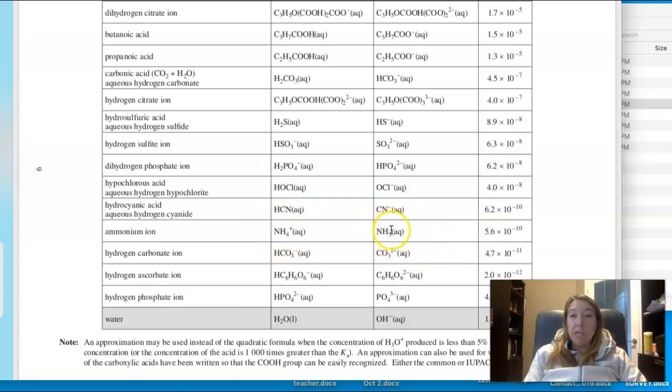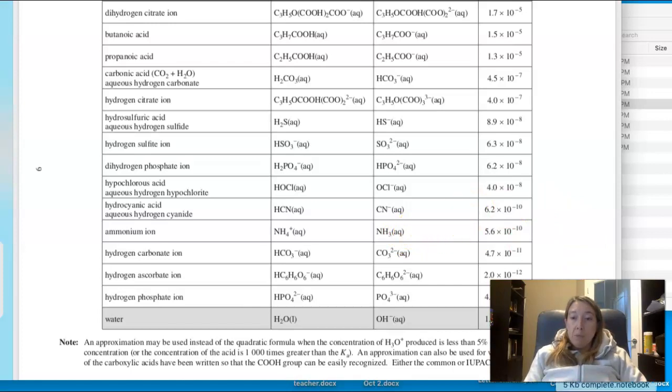I find ammonia in the base column, and there's the Ka for its conjugate. So to figure out the Kb for ammonia, I'm just going to do Kw, which remember is 1 times 10 to the negative 14 and is in the miscellaneous table, divided by 5.6 times 10 to the negative 10. That is going to give me the Kb for ammonia.